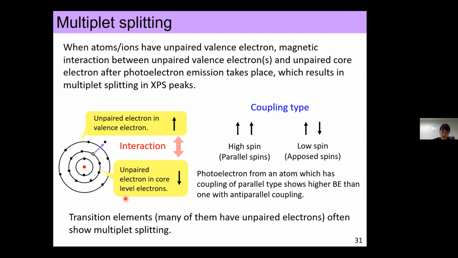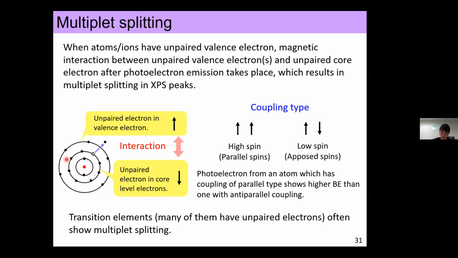So if I schematically explain, the core orbital always has an even number of electrons before photoelectron emission. Thus, after photoelectron emission, the core hole orbital has an odd number of electrons. In other words, it has one unpaired electron.